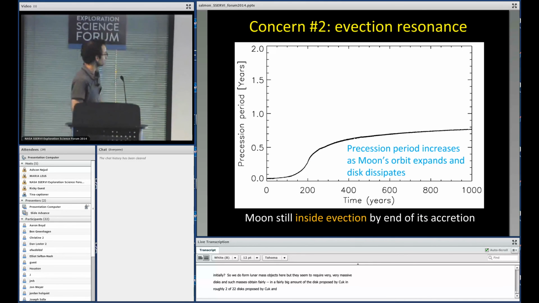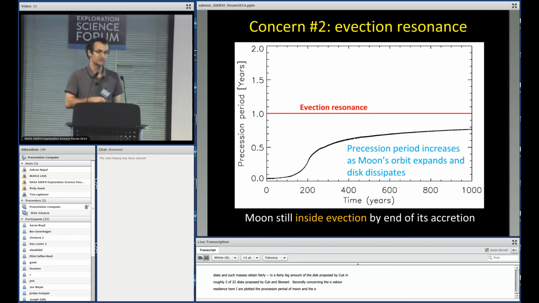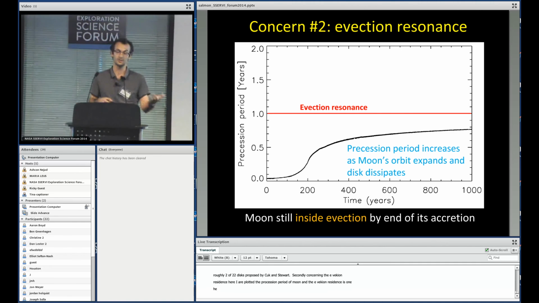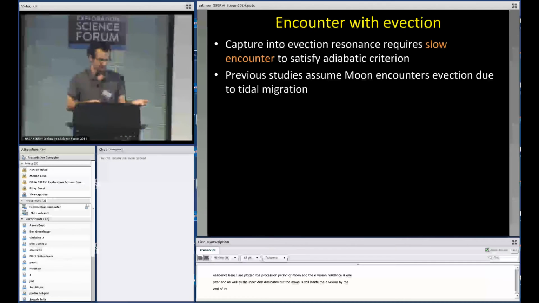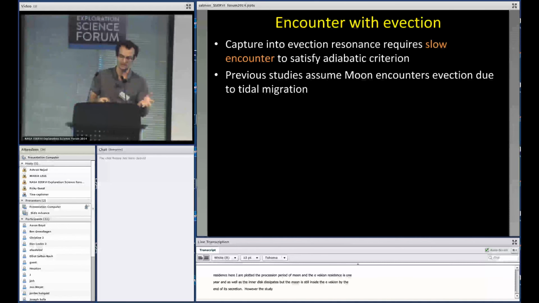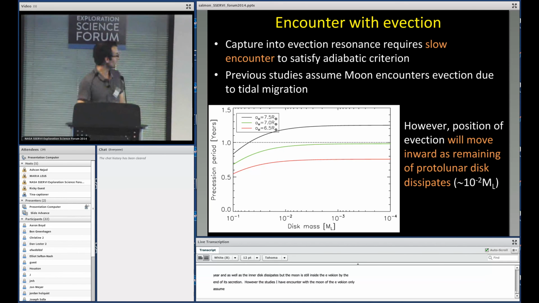Secondly, concerning the evection resonance, here I've plotted the precession period of the moon throughout the simulation. The evection resonance here again is at 1 year. You can see the precession period increases as the moon's orbit expands, but also as the inner disk dissipates. But the moon is still inside the evection by the end of its accretion. However, the studies of the encounter of the moon with the evection only assume that the moon would encounter the evection by expansion of its semi-major axis through tides.